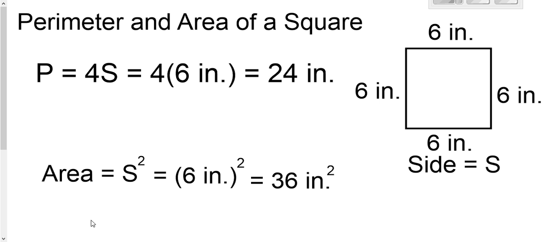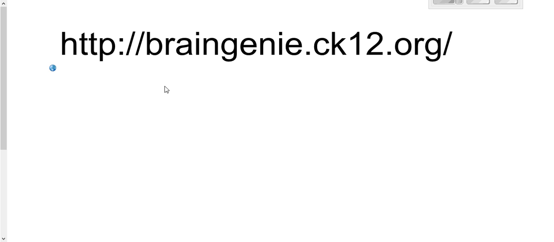For your next task in this race, you are going to go to BrainGenieCK12.org. I will give you your passwords and your logins. Your password will be your ID number. I need to give you your logins. And I've assigned a lesson in there you're going to do the practice problems.